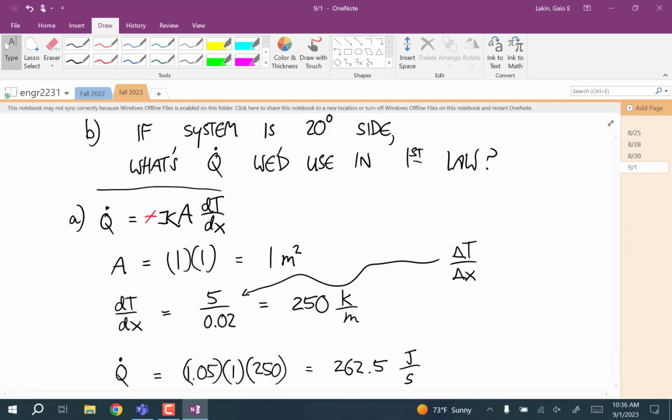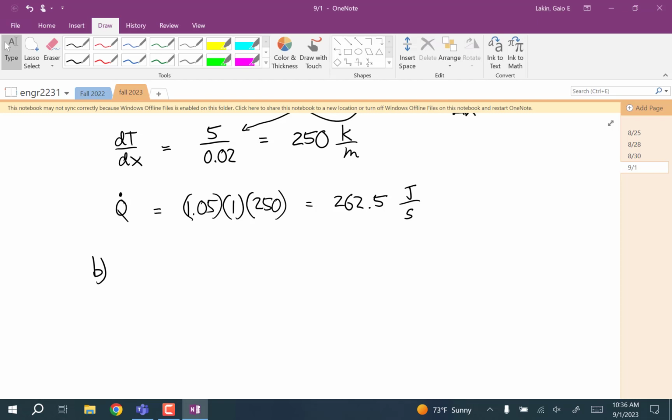Okay? And so now think about the sign convention for the first law. Is that Q dot going to be positive or negative if it's leaving our system? Exactly. So energy through heat is leaving the system.